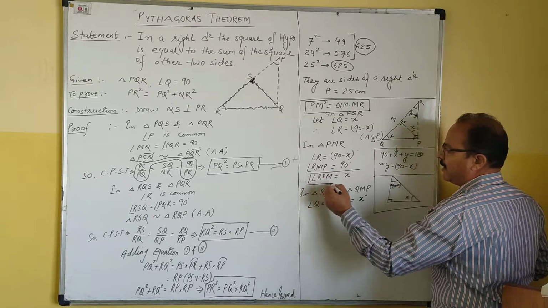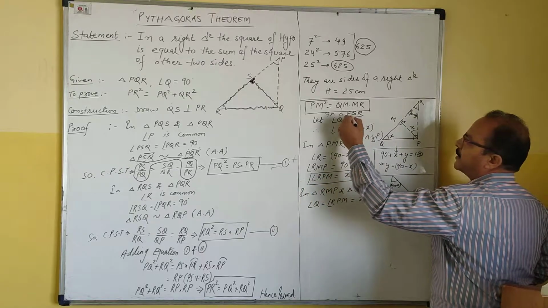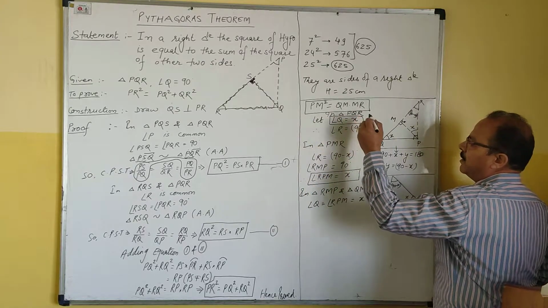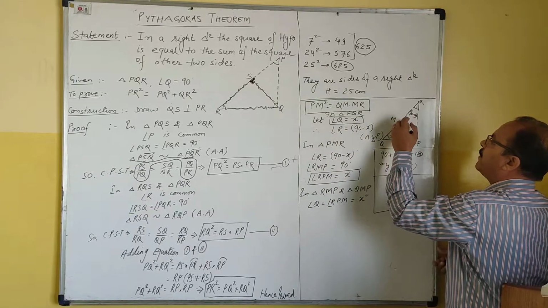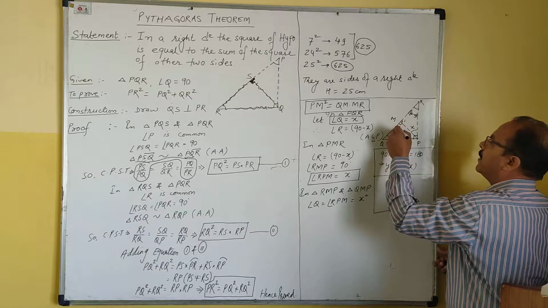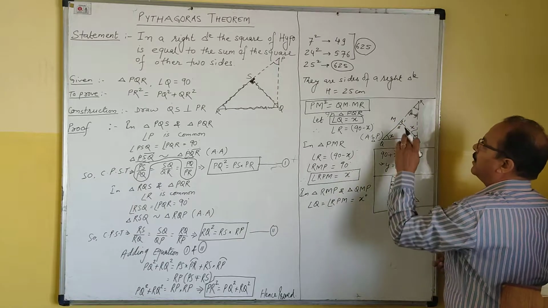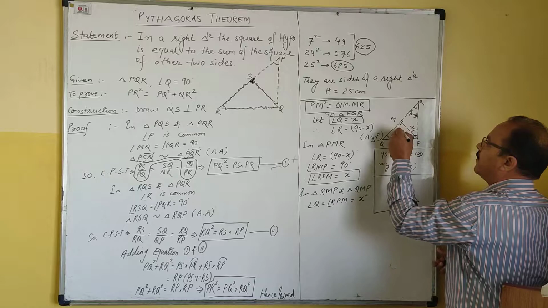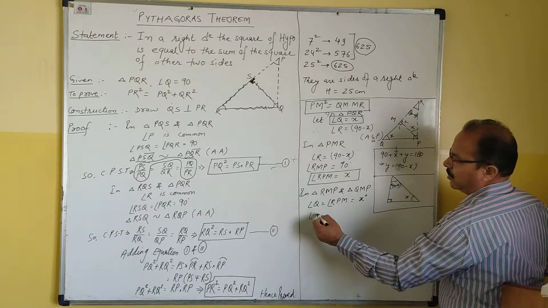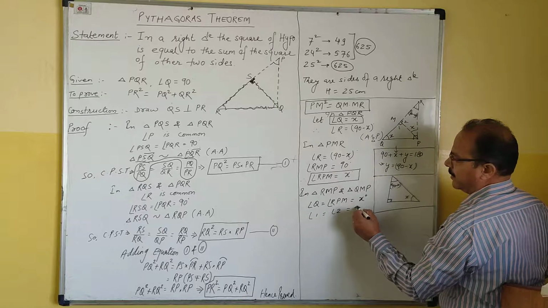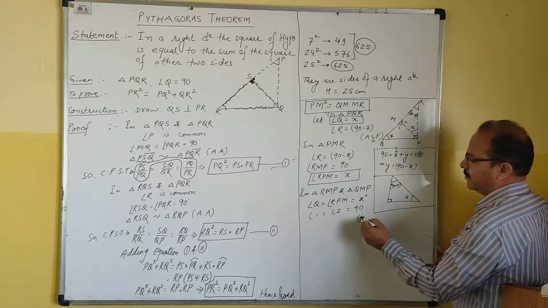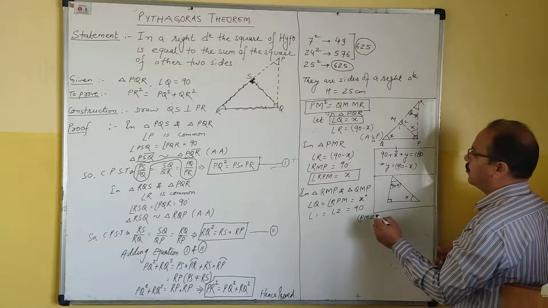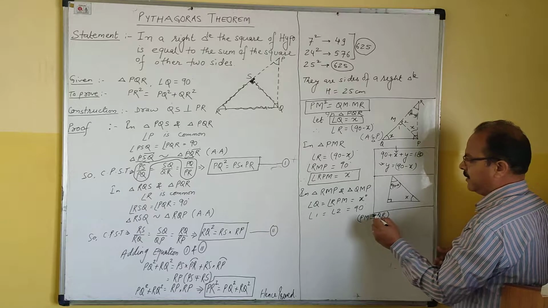Angle 1 and angle 2 are both 90 degrees. What was the reason? The reason was PM is perpendicular to QR. It is given in the question.